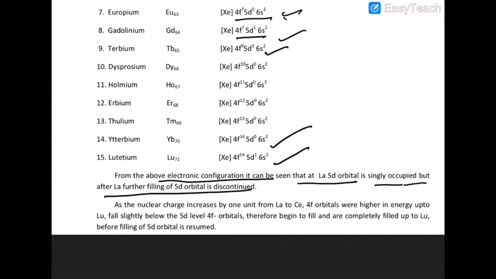But in lutetium you have 4f14 and 5d1, while in ytterbium you don't have any d electron. It is 4f14. So both f7 and f14 are extra stable due to their electronic configuration.